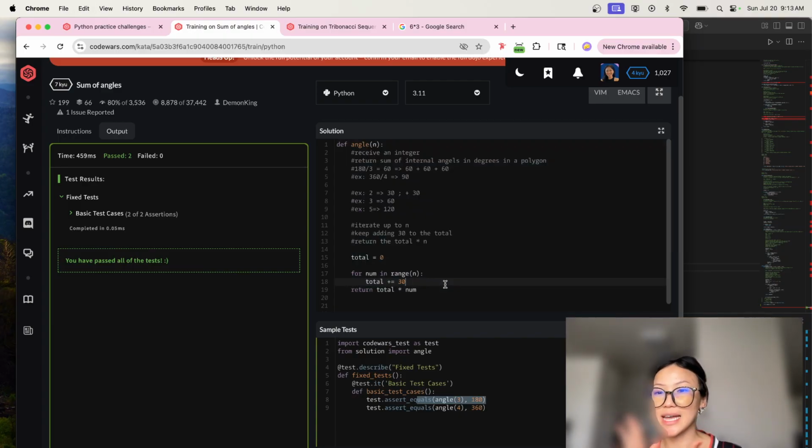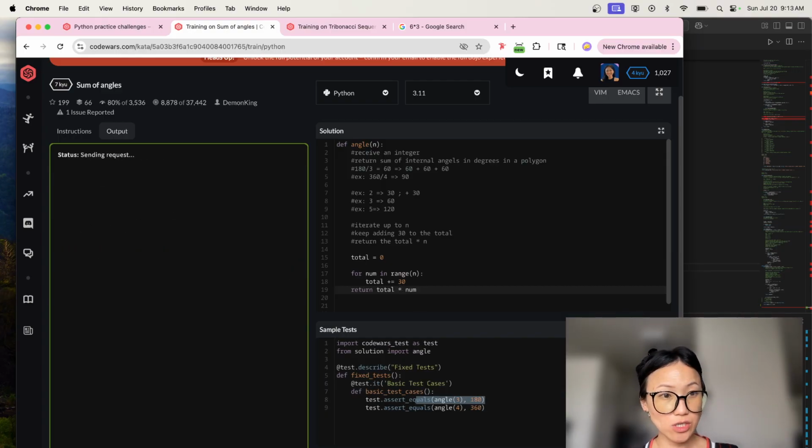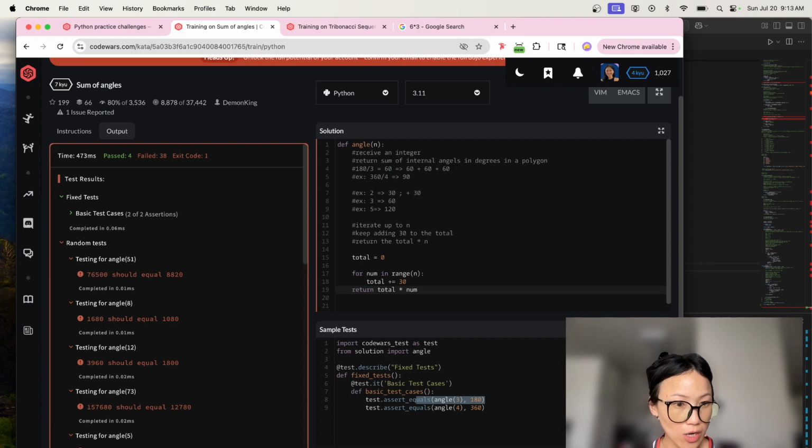This will definitely be time complexity O of n, because we had to iterate up to each number up to that n amount. Space wise, it's just a number that we're returning back, so it's O of 1 constant space. I am going to go with this. Okay, we'll figure this out.